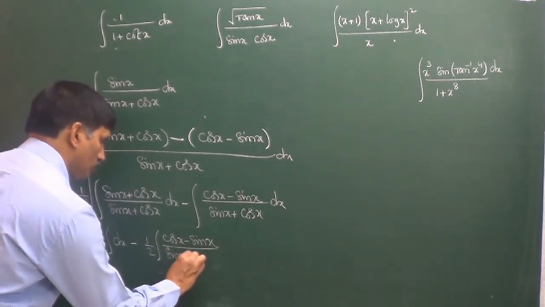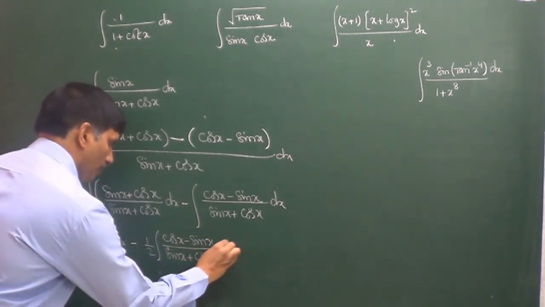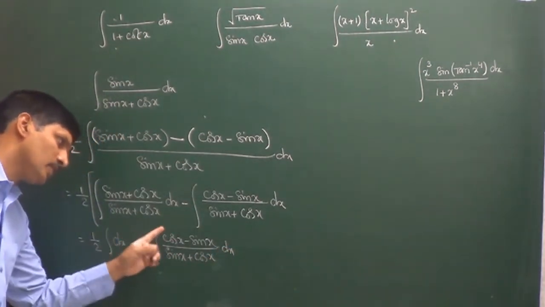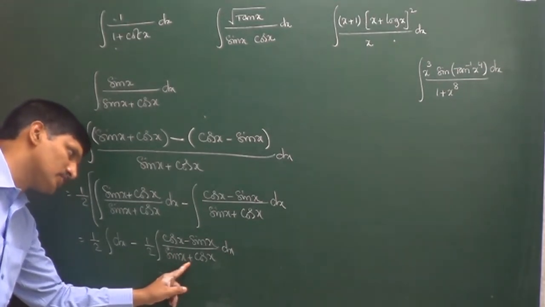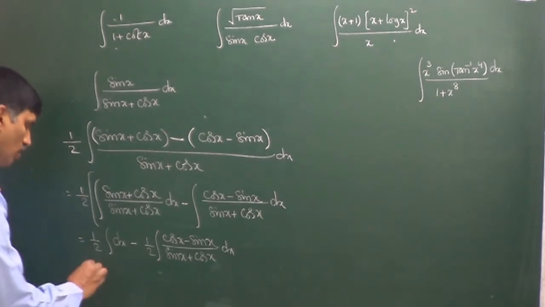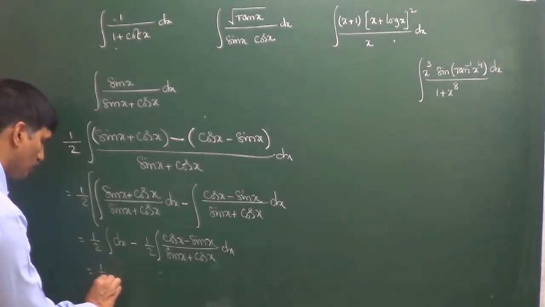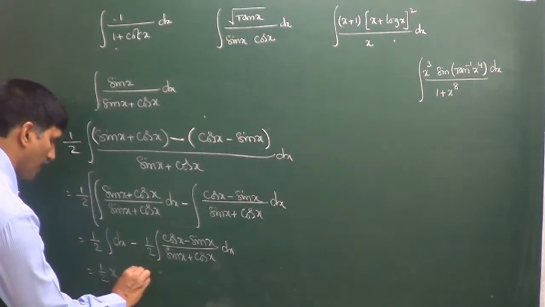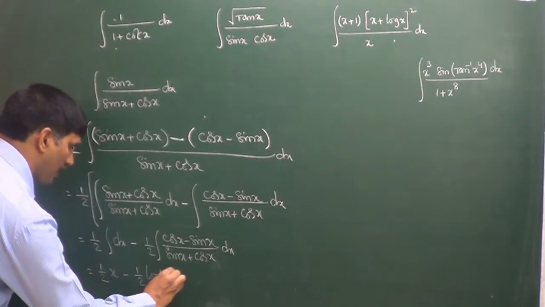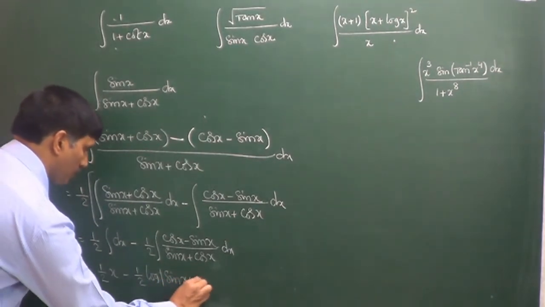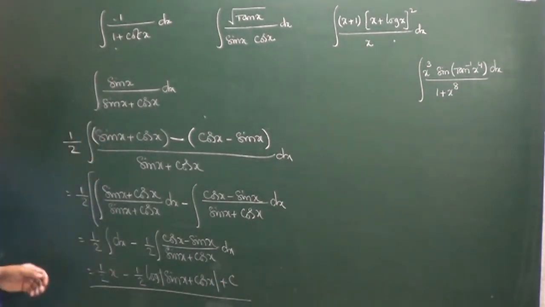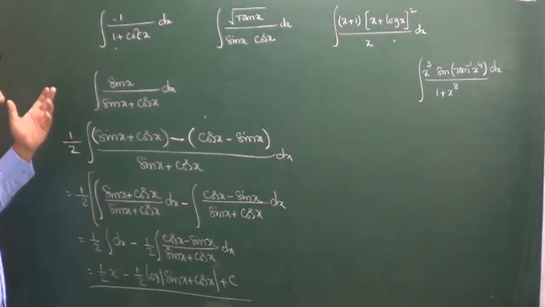You got an idea what to do. Here the denominator's differentiation is there in the numerator. Whenever the denominator's differentiation is appearing in the numerator, we can write the answer as log of denominator. That's why this is equal to 1 by 2 into x minus 1 by 2 into log of denominator, sin x plus cos x, plus the constant of integration. That is the way, so immediately you can work out the question.